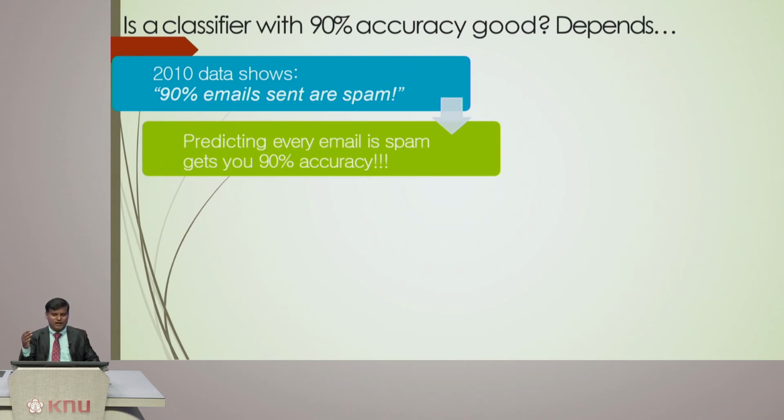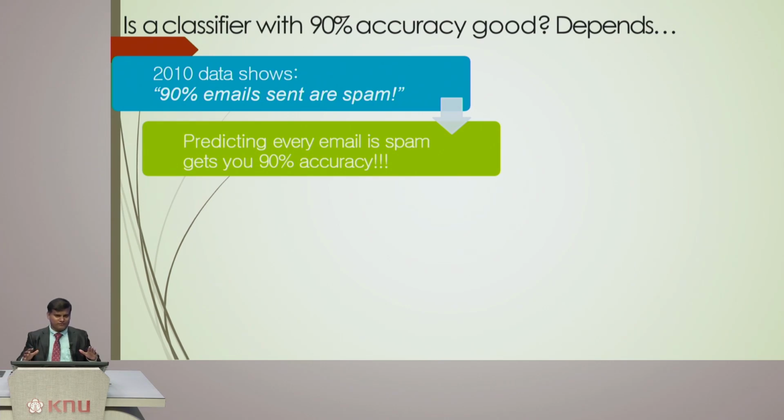If I just predict that every email that is sent is spam, then we get 90% accuracy. Just imagine you classify all the emails as spam. Whatever email you receive, you classify it as spam.